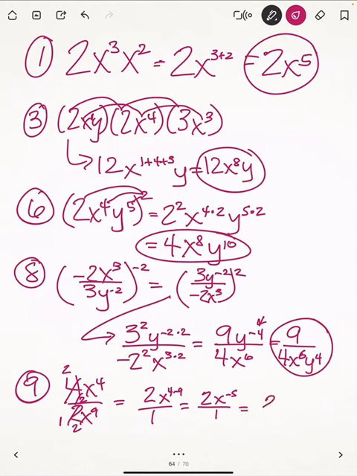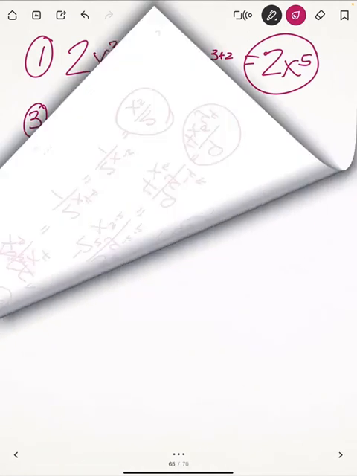So we're going to say 2 over x to the 5th. All right? And that will be it. So that's our final answer. So always make sure that whatever your exponential expression is, it's in lowest terms, especially if you're dealing with quotients and basically fractions. All right, we've got time for one more, and that will be number 10.